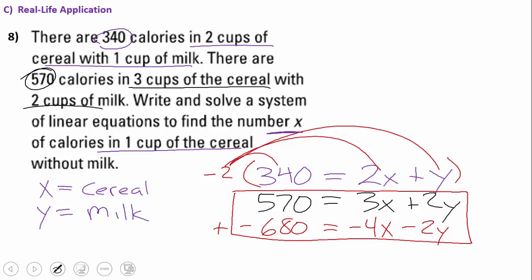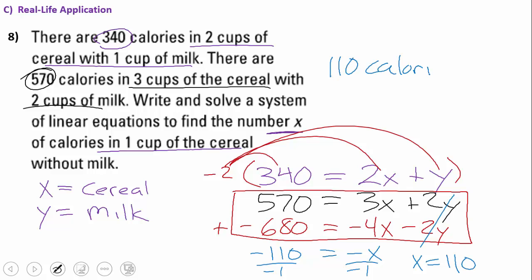When we add them, 570 plus a -680 gives us a -110. 3x minus 4x will give us a -x. And the 2y and the -2y are eliminated. So now we have to get rid of the negative by dividing out the -1, and we see that x is 110. So there are 110 calories in 1 cup of cereal.